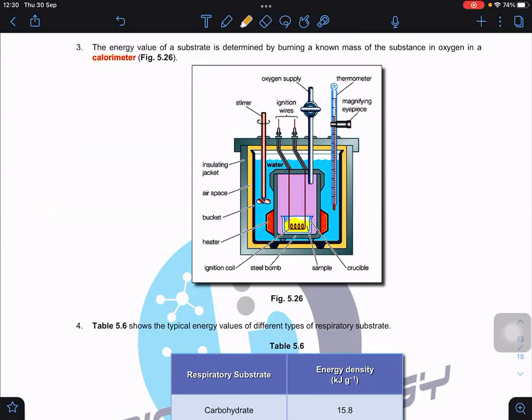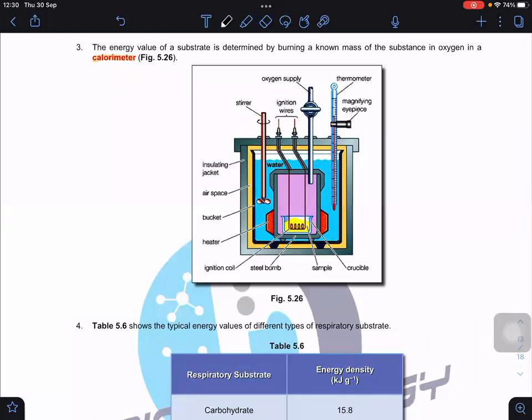So what we do here is place our sample in this chamber, which has an oxygen supply. Then we have the ignition wire to burn our sample. When you burn it, heat energy is released. This heat energy is absorbed by the water, and we see the increase in temperature.